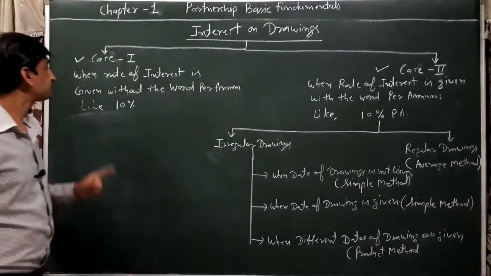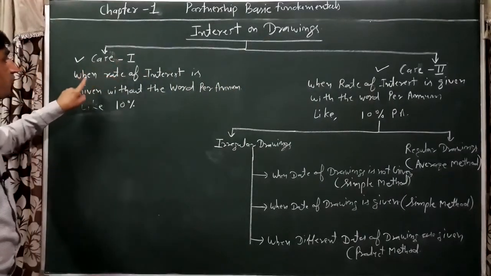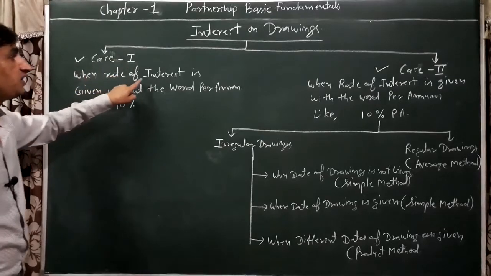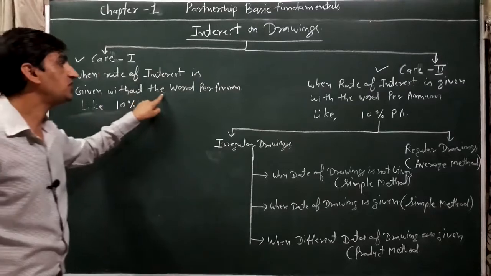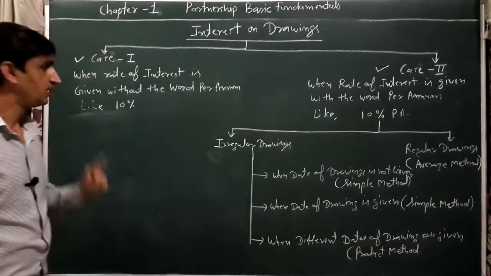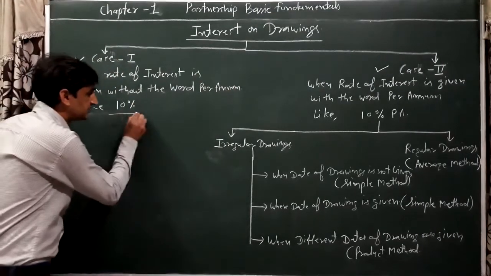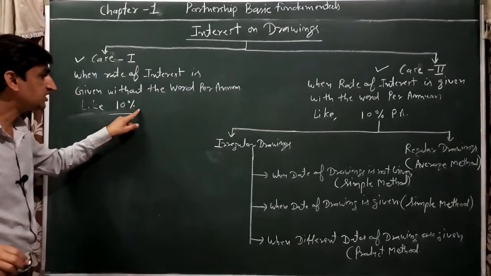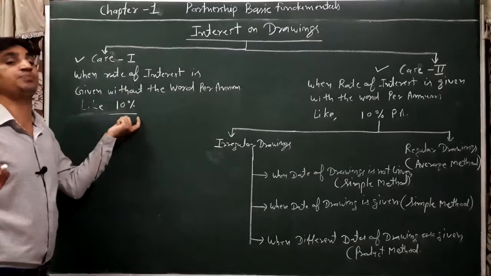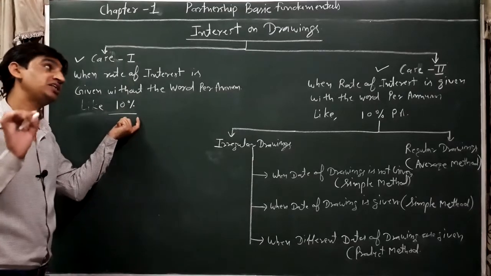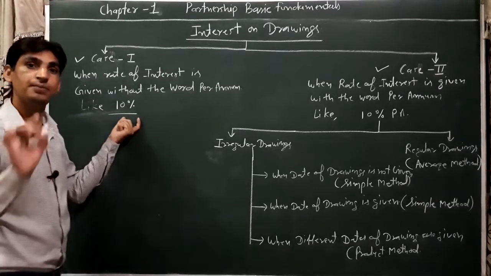Listen carefully here. Case first: when the rate of interest is given without the word per annum, like 10%. After 10% there is no word per annum. Is it clear? Only the percentage rate is given without the words per annum.